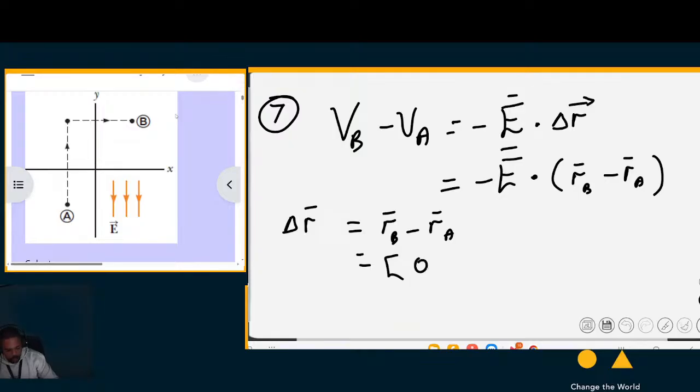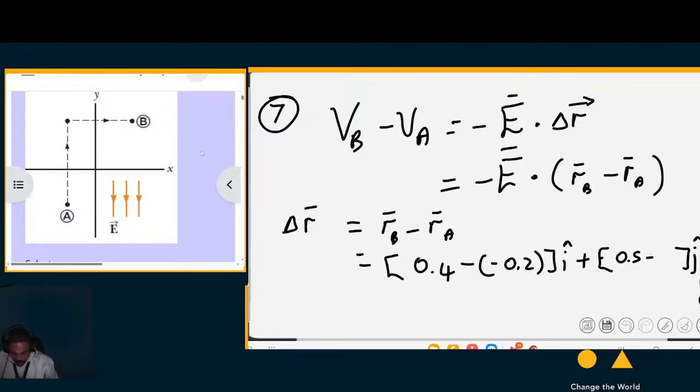So it will be 0.4 minus negative 0.2 in the x direction, the i hat direction, plus for the j hat direction, we have from point A to point B, 0.5 minus negative 0.3.